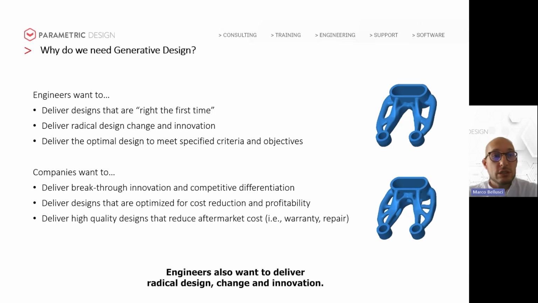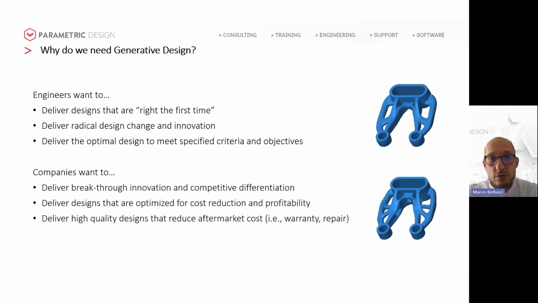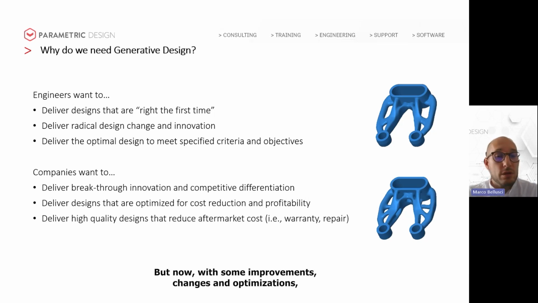Engineers also want to deliver radical design change and innovation. Consider the opposite case. We are working on an old product, a product that has been on the market for years and maybe has gone through round after round of small innovation, improvement, change and optimization.